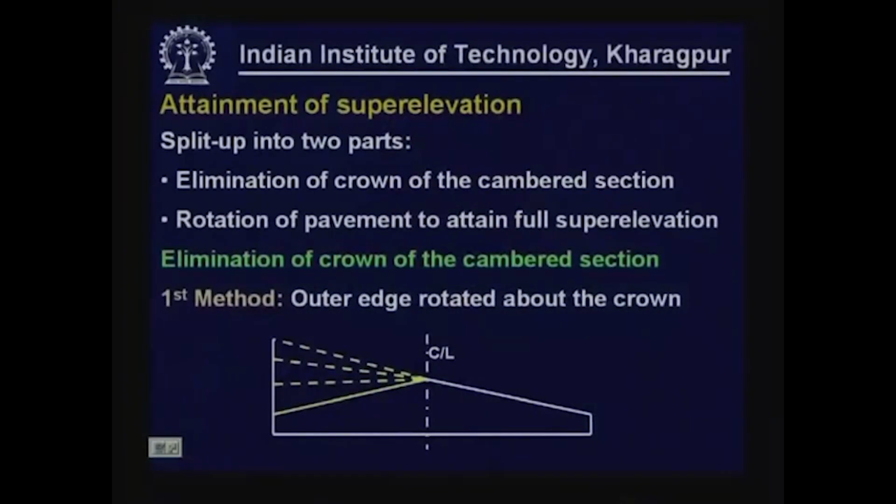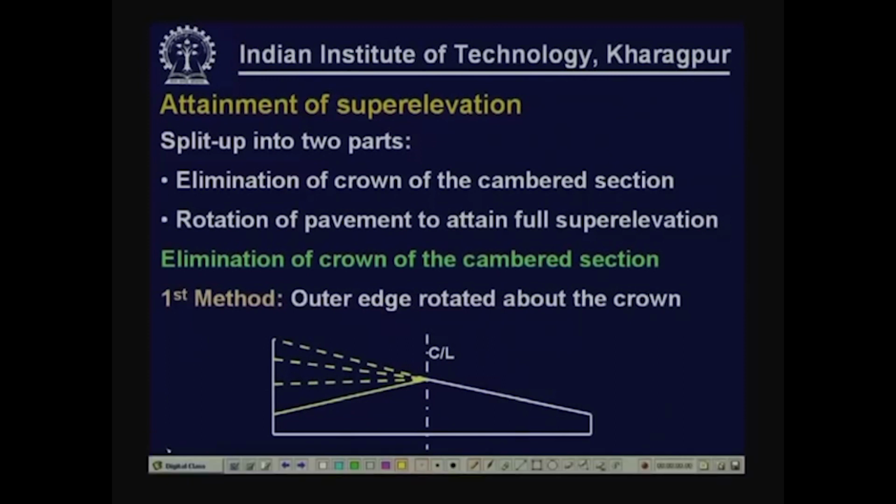This can be split into two parts. One, elimination of crown of the cambered section, that is part A. That means the original cambered section is like this, and elimination of crown means we have a uniform cross slope equal to the camber.